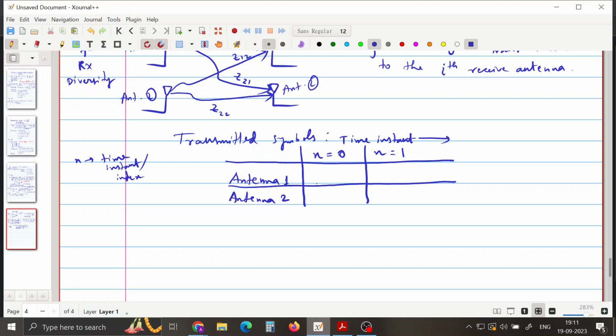Recall lectures. In time instant 0 you transmit S1 from the first transmit antenna, and you transmit minus S2 conjugate from the second transmit antenna. On the next time instant, that is at n equals 1, you transmit S2 from the first transmit antenna, and you transmit S1 conjugate from the second transmit antenna.